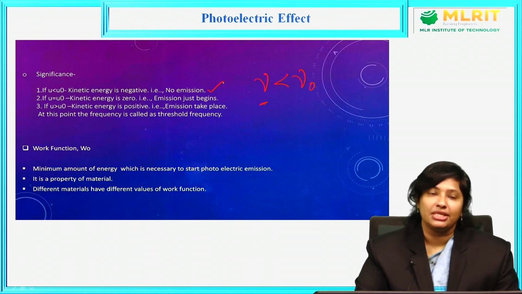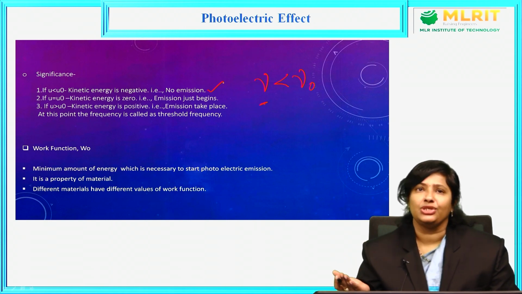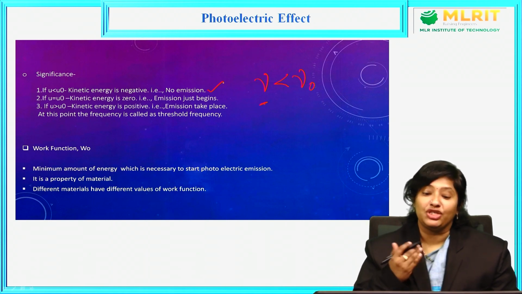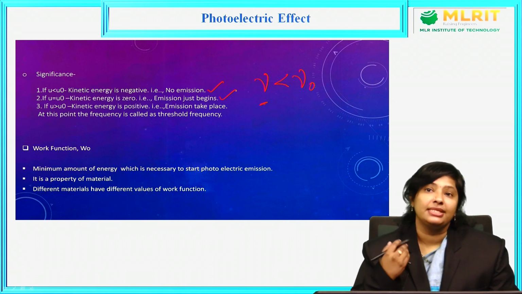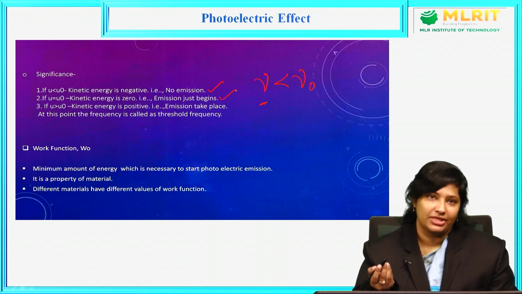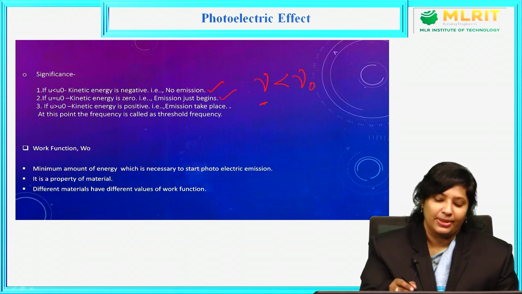If nu is equal to nu0, then kinetic energy is 0. That is, if the incident frequency is equal to the threshold frequency, emission just begins at that stage. If nu is greater than nu0, if the incident frequency is greater than the threshold frequency, then the kinetic energy is positive and emission takes place.